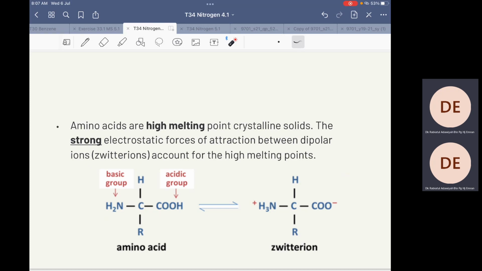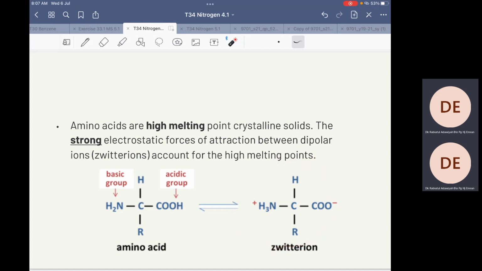So when you have oppositely charged ions forming a bond with each other, what do we call this bond? What kind of bond would you expect to have between one molecule of zwitterion and the other molecule of zwitterion? Sorry? Ionic bond. Yes, they will form ionic bond.